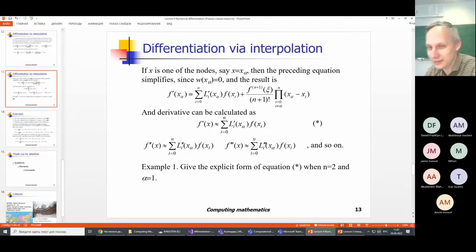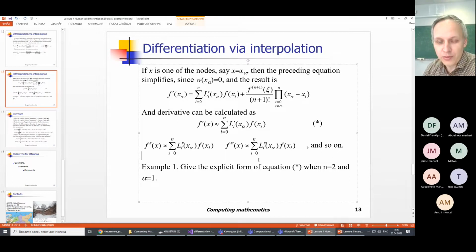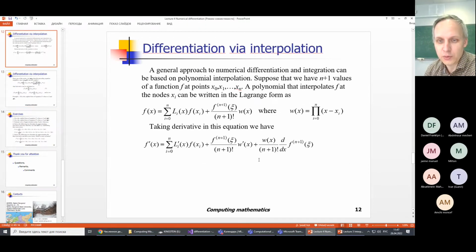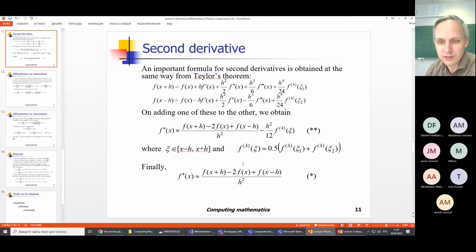But if we compare this formula with the formula that we used previously, the formula star on this slide, you see that this formula is the same when x equals x1. f2 minus 2f1 plus f0 over h squared.